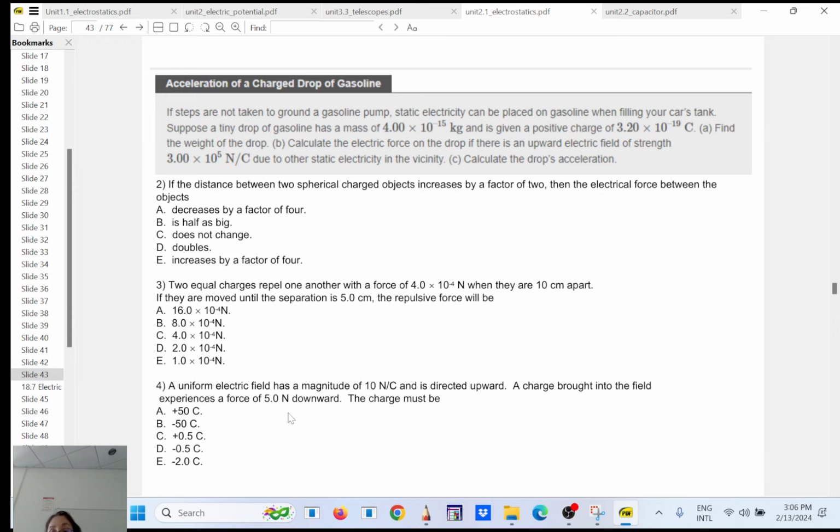So this one, what do you think? Electric field, by definition, is the force per 1 coulomb. 1 coulomb in an electric field here will feel 10 Newton. So if you have 5 Newton, what's going to be the charge?